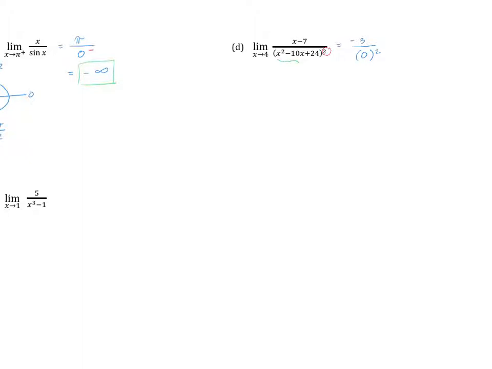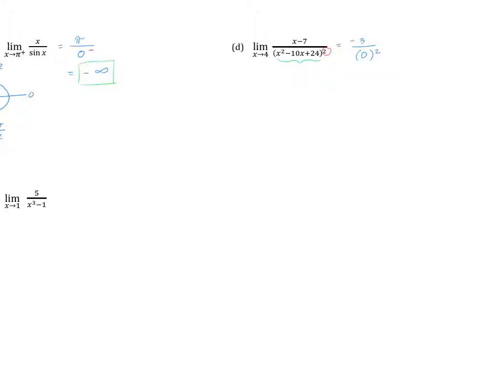Doesn't matter what those x values are. If I come in from the right, I'm going to get some number, but I'm squaring it, so it's going to be positive. If I come in from the left, number smaller than 4, I'm going to get some number, but I'm squaring it, so it's going to turn positive.